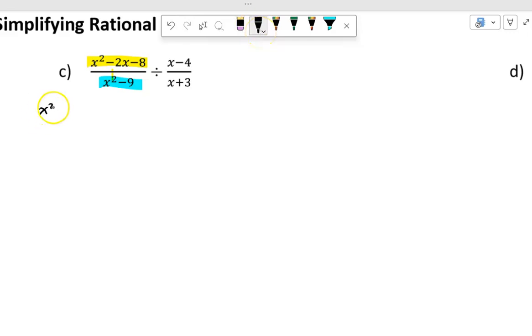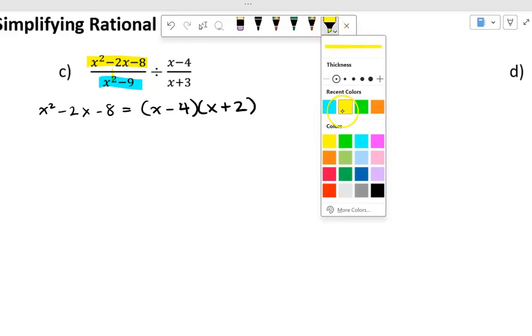So I'll go ahead and factor off to the side, x squared minus 2x minus 8. I'll do the work for you. That's going to be (x minus 4) and (x plus 2). That's what I get on top when I factor.